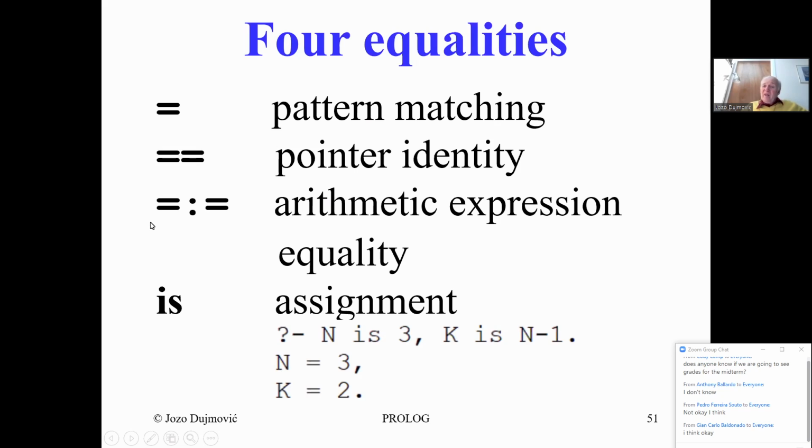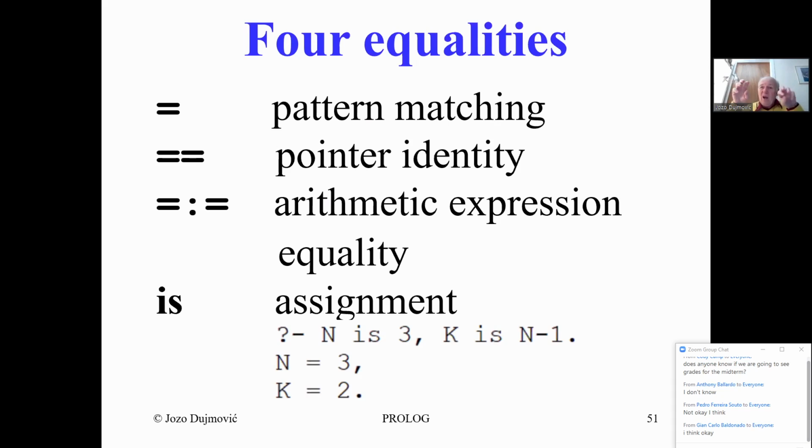The third thing is arithmetic expression equality. This is what we have in the if statement in procedural languages. For example, C, C++, Java, they have the if statement. And you say if expression 1 equals expression 2. If you say that, then for equal you have to put this relational operator.